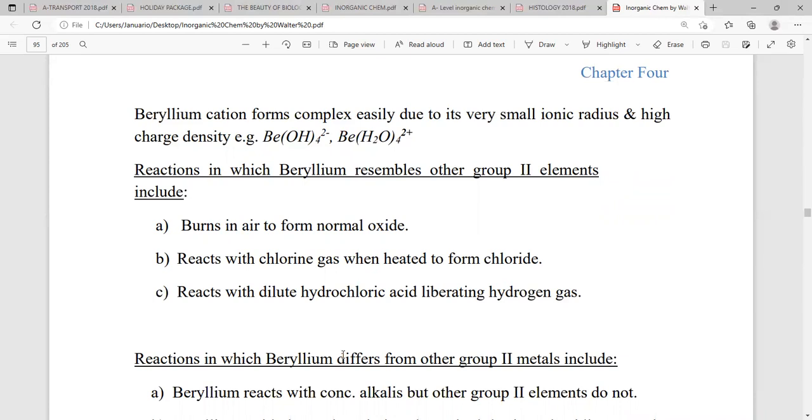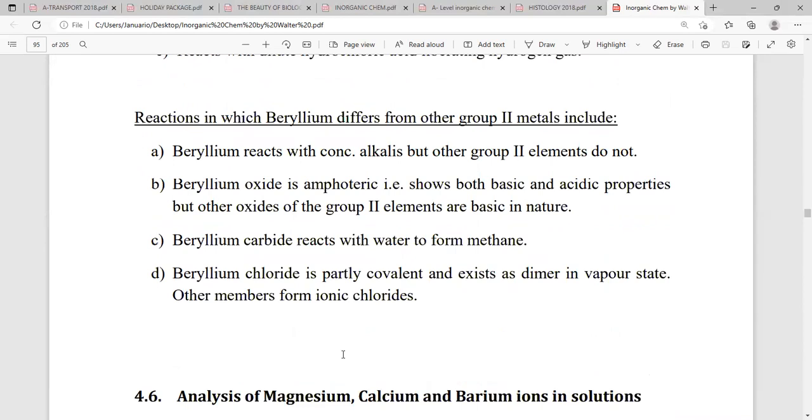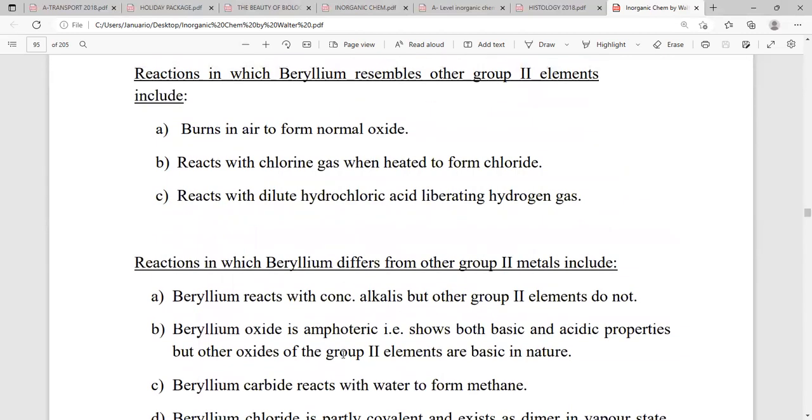Those reasons are why the reactions of beryllium differ from other group 2 elements. You can look at some of the reactions where these react to give alkalis and so on. We looked at that. Go and read about the diagonal relationship and revise the previous video.